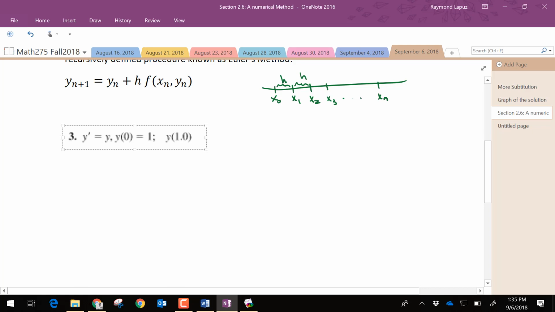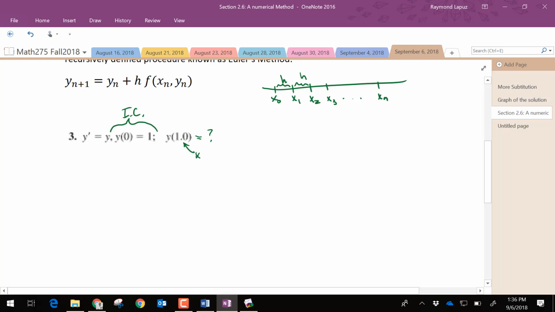Well, this is your initial value, your initial condition, right? And then this is where you want to get to. And so the question is, let's say you're doing a problem in your engineering field, and then you find this differential equation, and then you have the initial condition y of 0 is equal to 1, and then you want to know what happens at the solution when x is equal to positive 1.